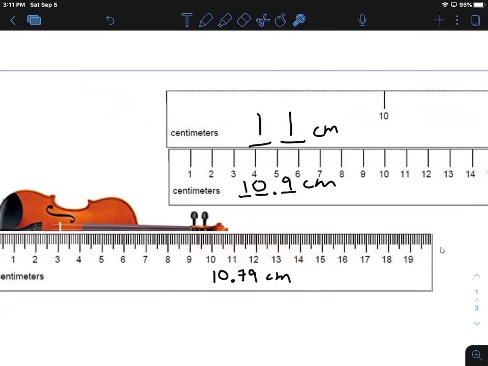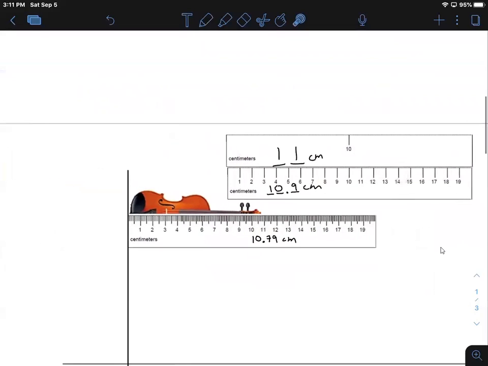So if they look at three different lab reports and they see 10.79, they're like, oh, this person really had a great measurement tool. So that's level of precision, how to choose the level of precision based on your measurement instrument. It's the ones you know for sure, and then one guess.